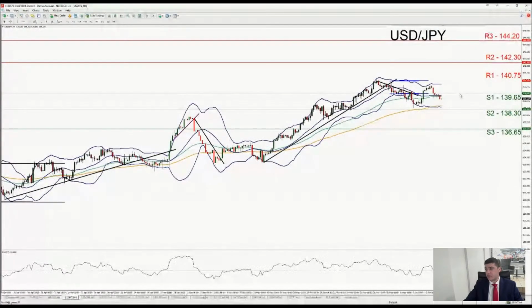So we're seeing market sentiment slightly in favor of the yen.